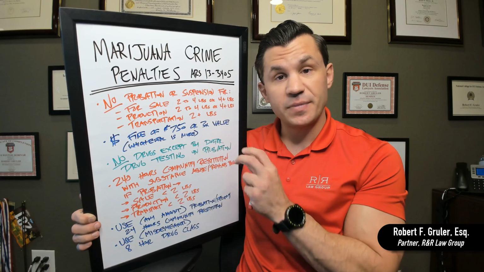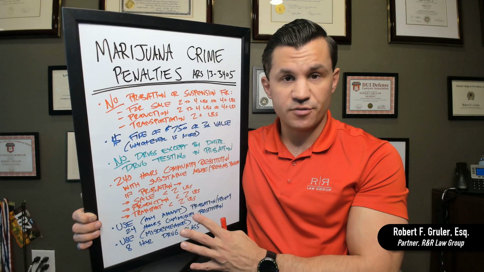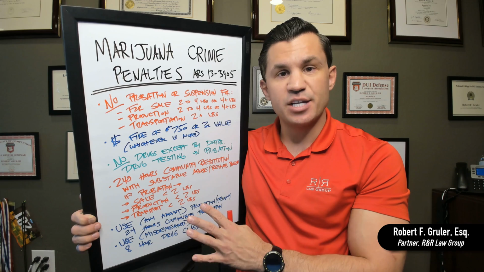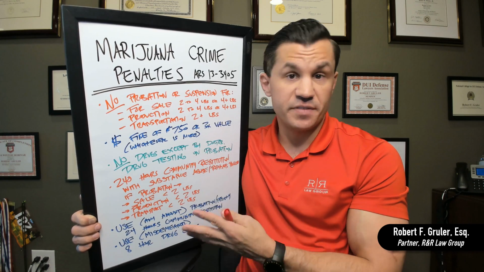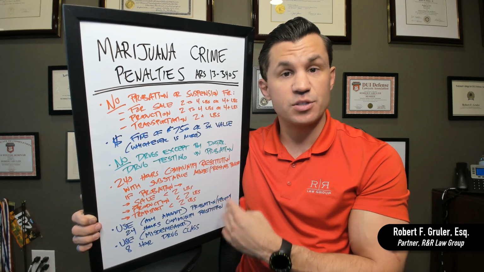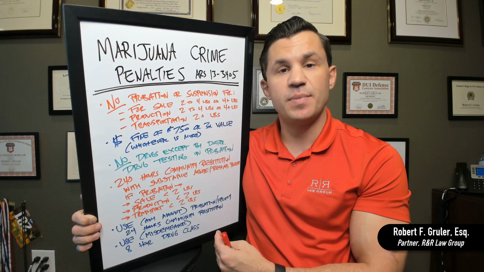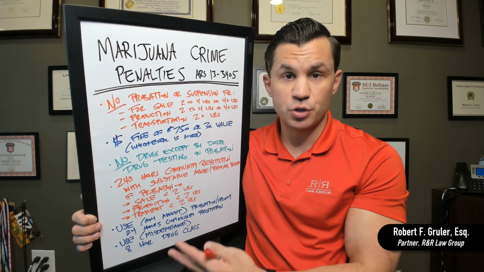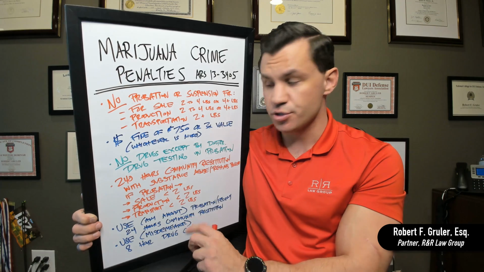You're also going to have to do something in terms of community restitution or classes, and it depends on what the conviction is. Whether it's more serious or less serious is going to impact the amount of time that you have to contribute towards community restitution or classes. That's what these next 3 rules are.